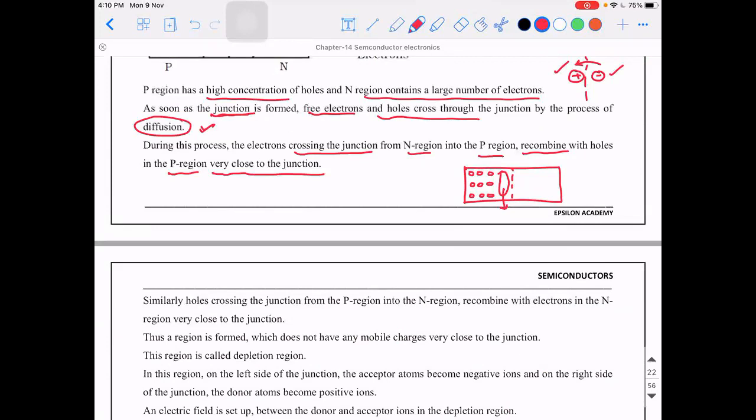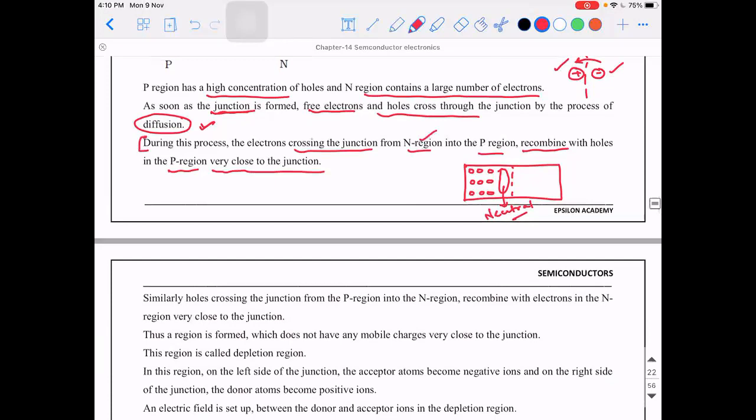It will be neutral. Why? During this process, the electrons crossing the junction, you are able to understand, right? Electrons are negatively charged, holes are positively charged. So when electrons from the N region get recombined with the holes in the P region, negative and positive combined together, it is going to be neutral, right? So you have some more electrons that are present here.